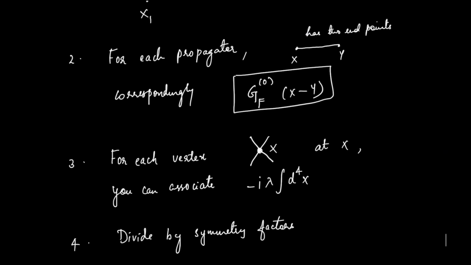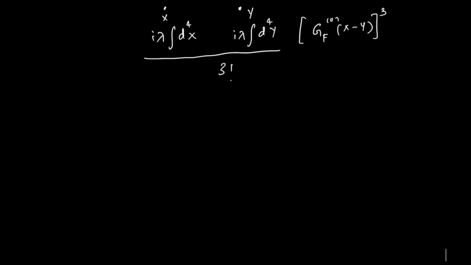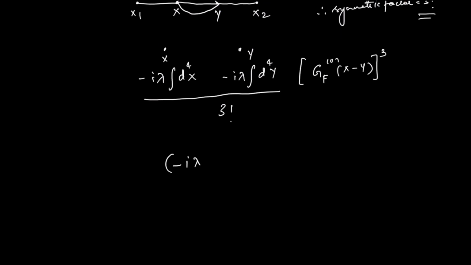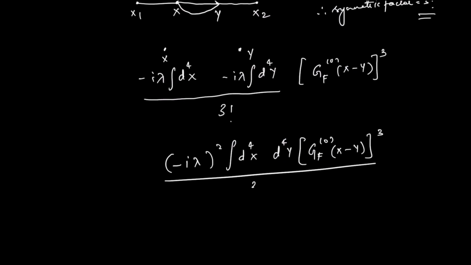Therefore, the expression associated with this diagram will be minus i lambda, whole squared, since there is a minus here and a minus here. So minus i lambda whole squared, integral d^4x integral d^4y G_F(x minus y) cubed, divided by 3 factorial.